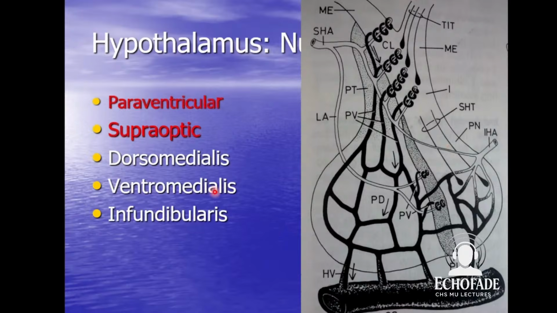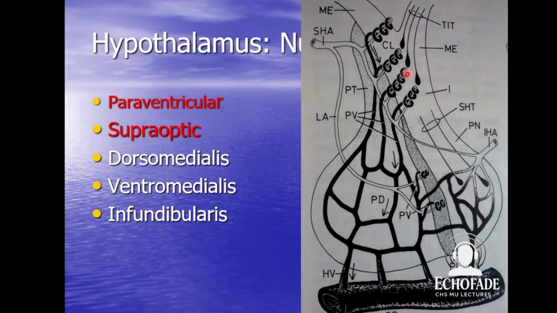Again, those neurons are secretory. They secrete releasing hormones. These releasing hormones are transported by very short axons to the median eminence, where we have the primary capillary plexus, so they are released at the primary capillary plexus.